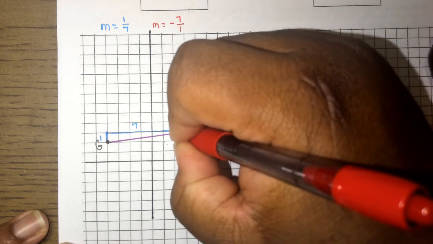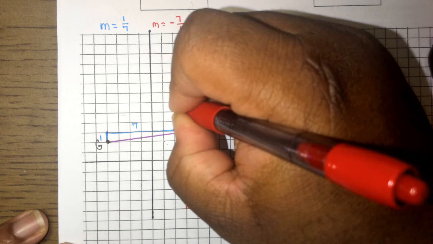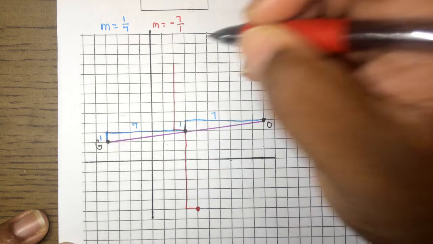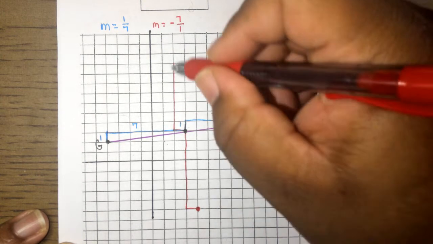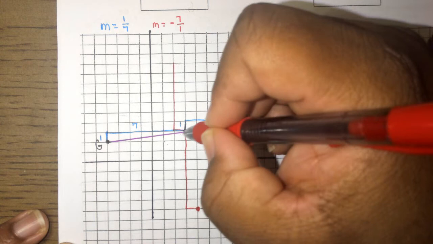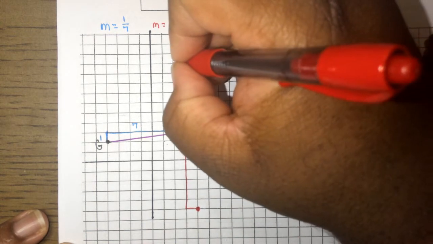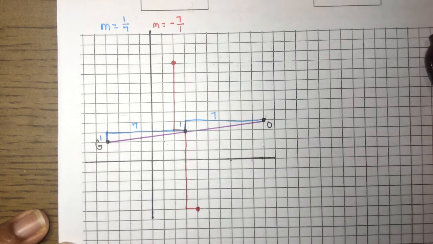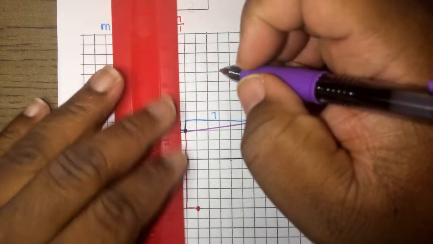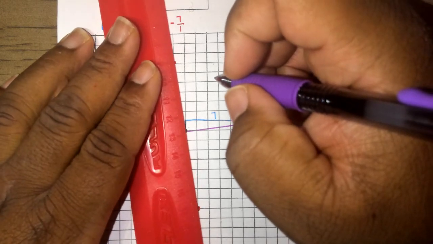So I go back this direction 1, and then up 1, 2, 3, 4, 5, 6, 7. Even when I do that, these two slopes look the same. This is still negative 7 over 1. I just went in reverse to get it. And up there is my other point for my diagonal. From there you can drop your diagonal in.